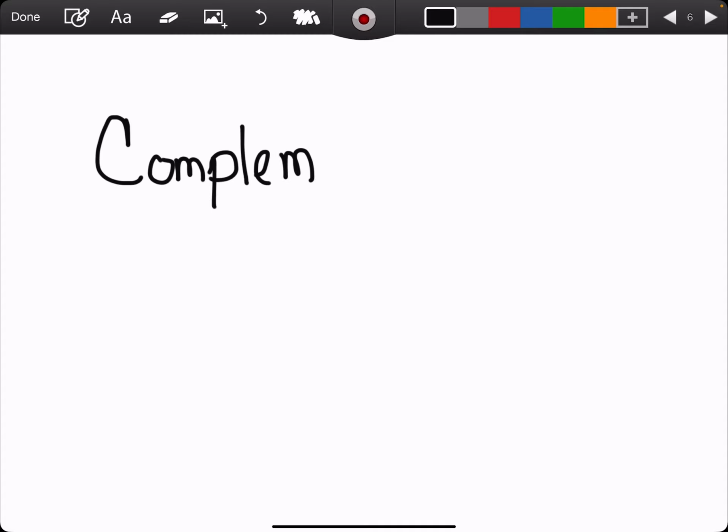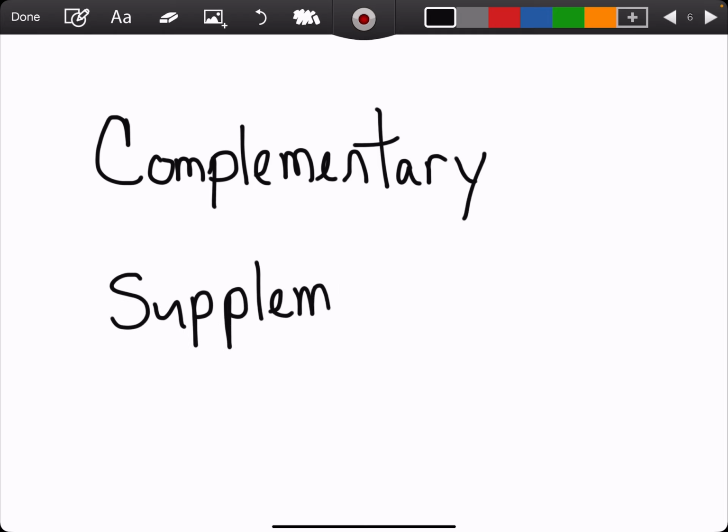Now, a trick that I've always used to know what's the difference between a complementary angle and a supplementary angle, okay? Because you know one term means angles that equal 90 degrees and one is angles that equal 180 degrees.